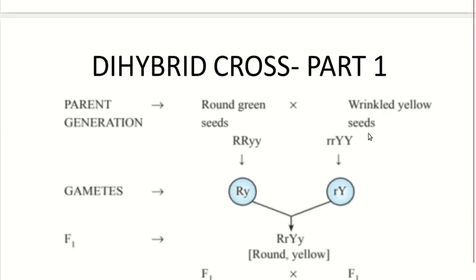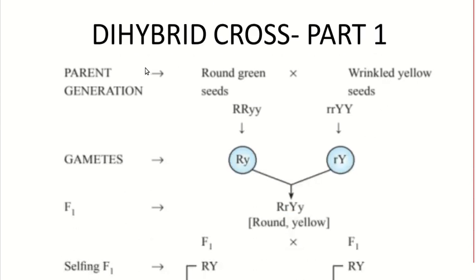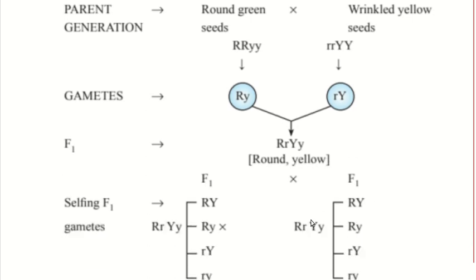So the dihybrid cross is also asked for 5 marks. For the parent generation, you have to write the phenotype and genotype. Gamete formation, F1 generation, it would be hybrid round and yellow. Selfing of F1 gives F2, and gametes you can find out by multiplying capital R capital Y and small r capital Y and small y, and that is how you get RY, R small y, small r capital Y, small r small y.